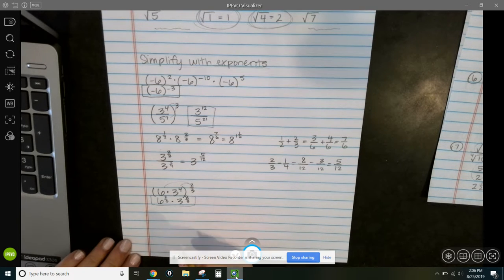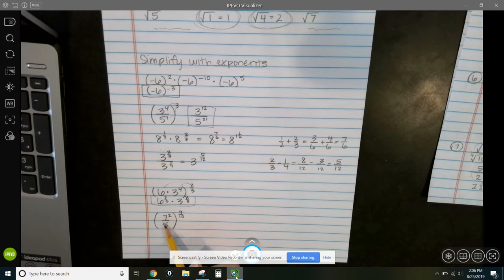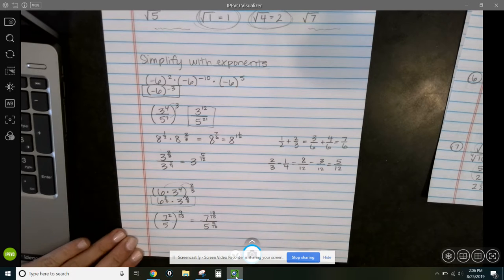One more. If we had 7 to the 2nd power over 5, all of that raised to the 9/10 power. Again, I can't do anything inside the parentheses because they don't have the same base, but I can apply that 9/10 exponent to both the numerator and the denominator. So that would come out as 7 to the 18/10 over 5 to the 9/10.